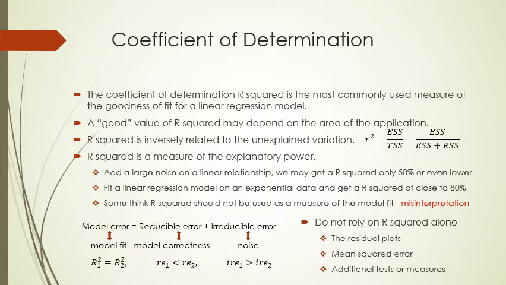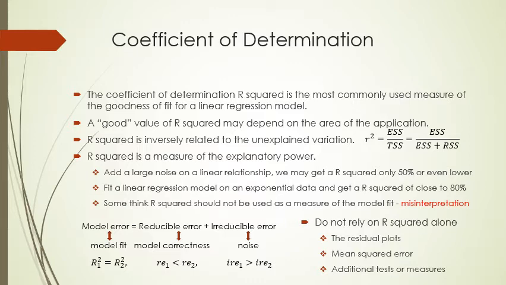We probably prefer Model 1 since the noise is random and does not introduce additional bias. However, in practice, we are unable to separate the two errors because the underlying relationship is unknown. Also, R squared is sensitive to outliers. Thus, we should not rely on R squared alone.